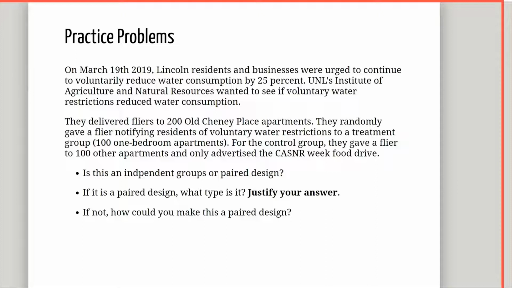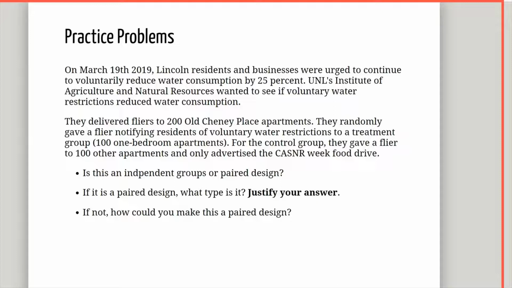For the control group, they gave a flyer to 100 other apartments. The flyers only advertised the Kasner Week food drive. So 100 apartments randomly knew about the water restrictions, and then the other apartments didn't know anything about these water restrictions. They only knew about the food drive.